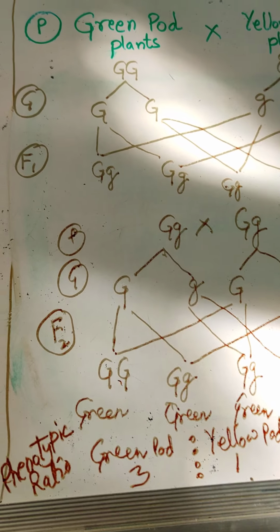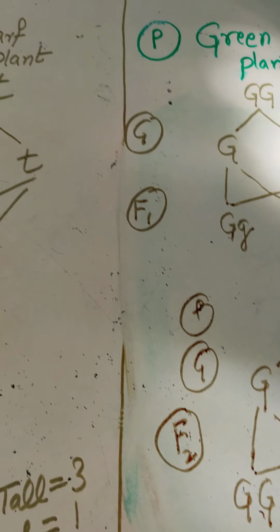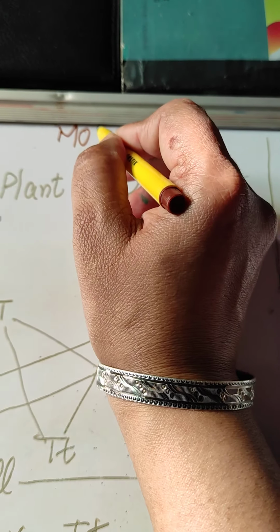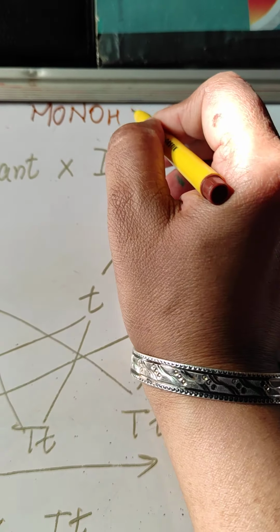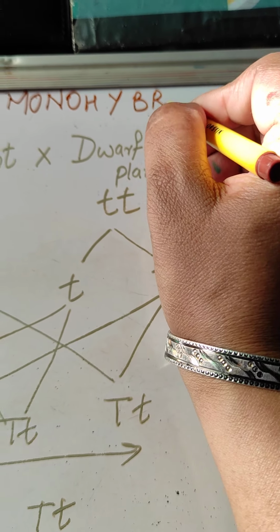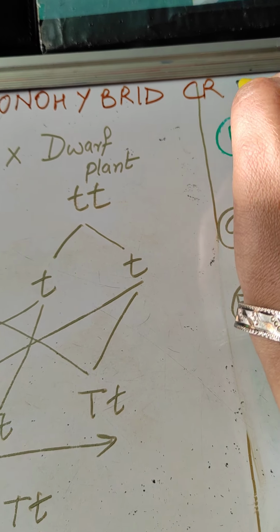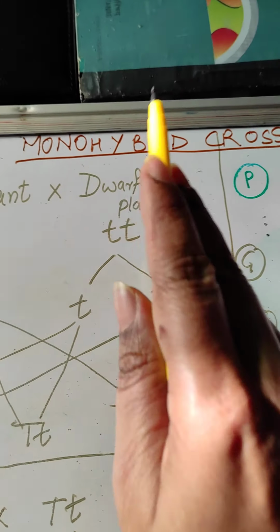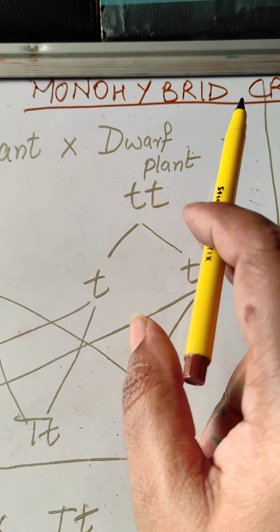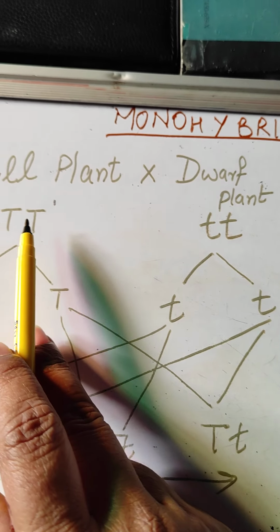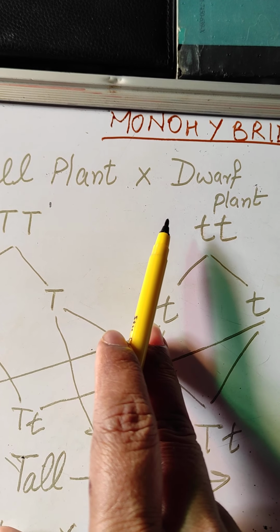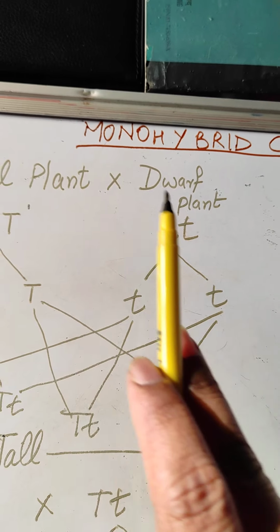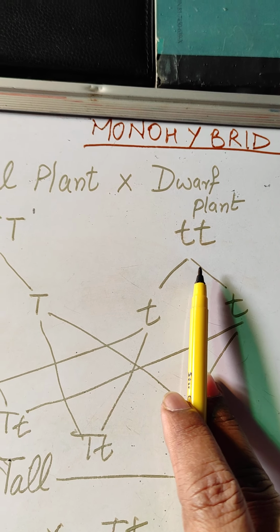Okay, these are the examples of a monohybrid cross. Whenever we do a monohybrid cross, we cross plants of opposite traits. One is homozygous dominating, the other is homozygous recessive.